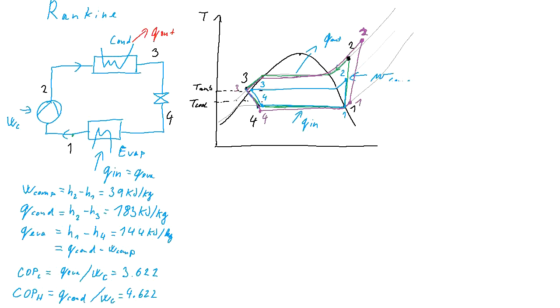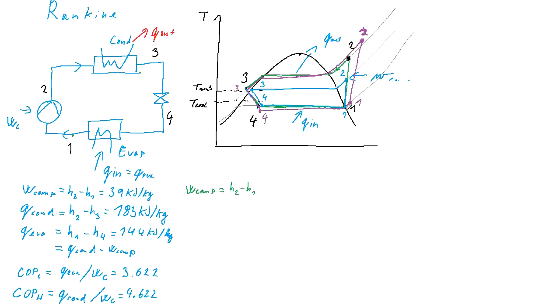Now let's go for the green cycle, which was condensing at higher pressure, higher temperature, and then the point 3 was at the same temperature, and the rest of the cycle was the same. So the work of the compressor is H2 minus H1.